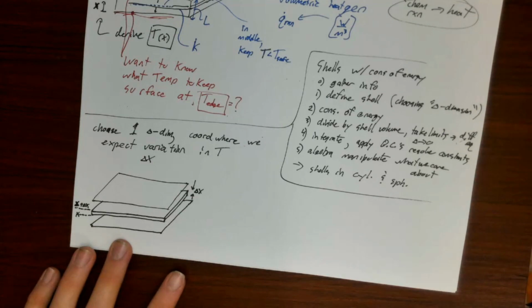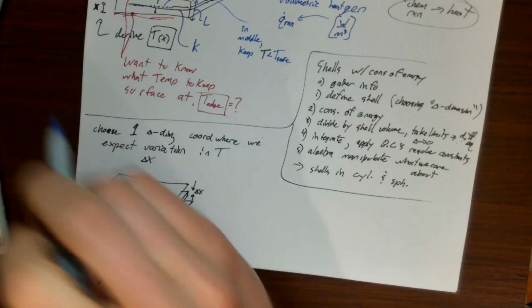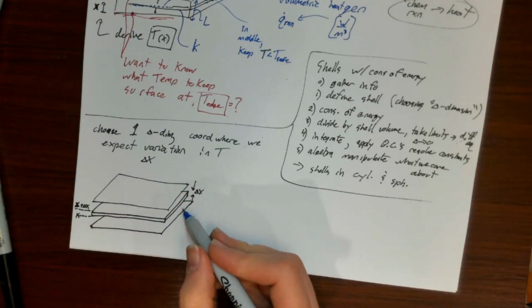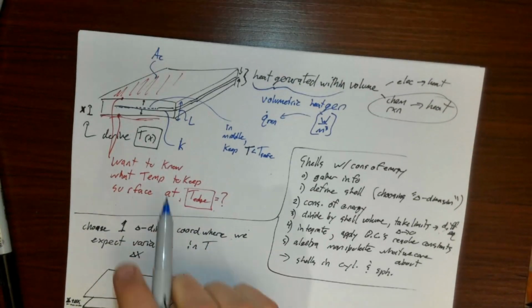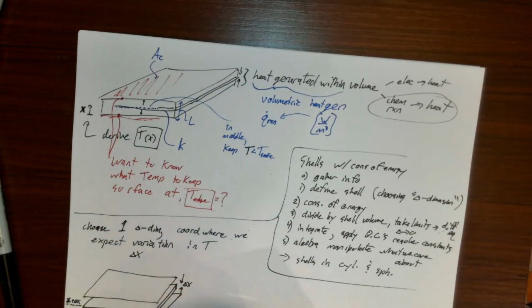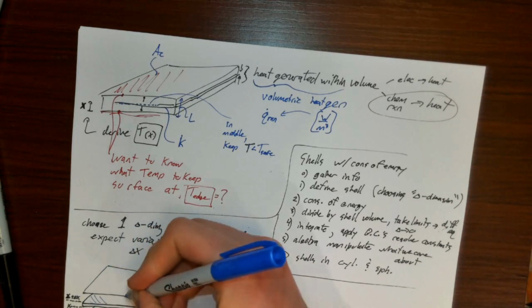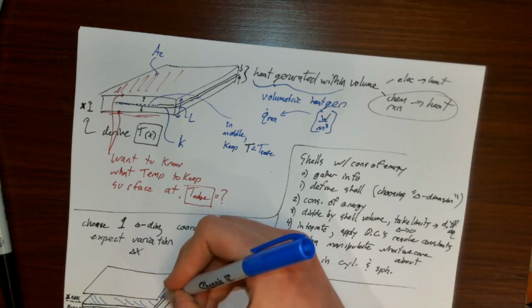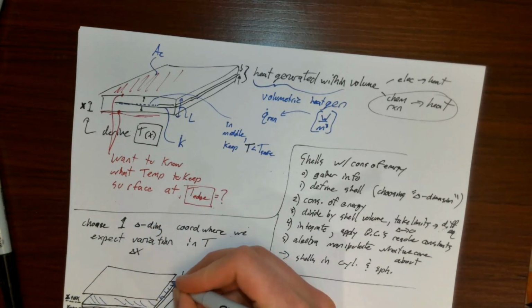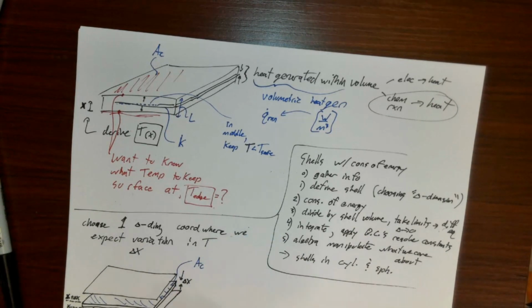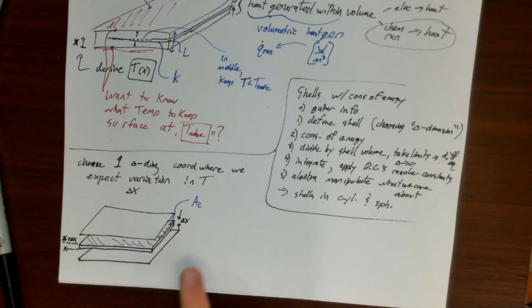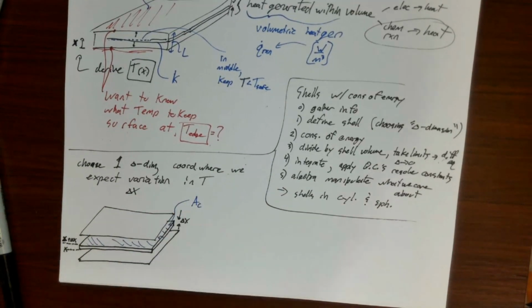So that's what's going on with the shell. And if I want to square away the other dimensions of this shell, we weren't exactly given a length and a width, but we know that this surface, both on the top and bottom, has a cross-sectional area, AC. So here's our shell right here.